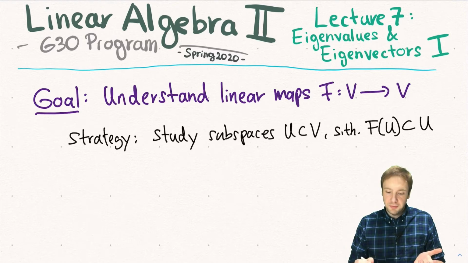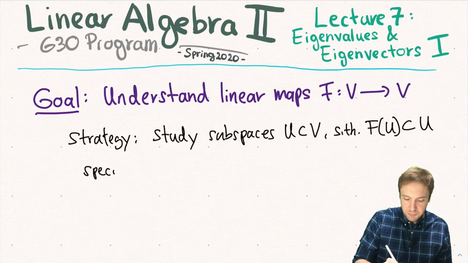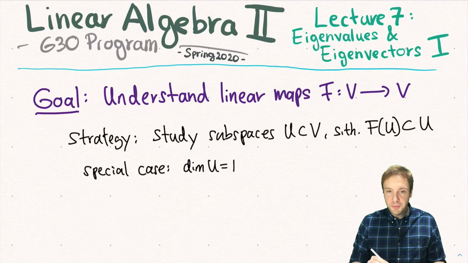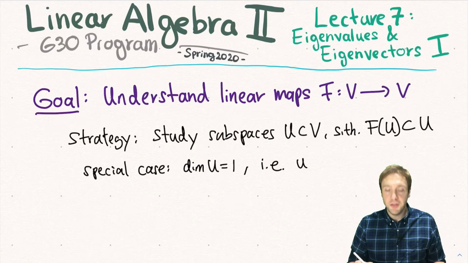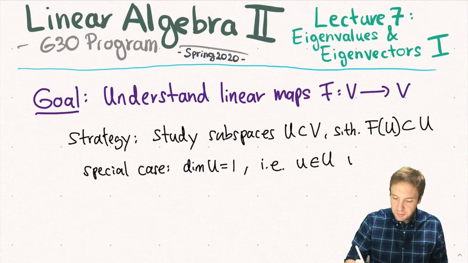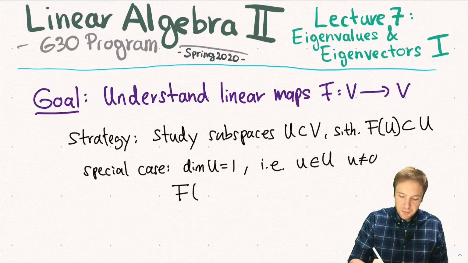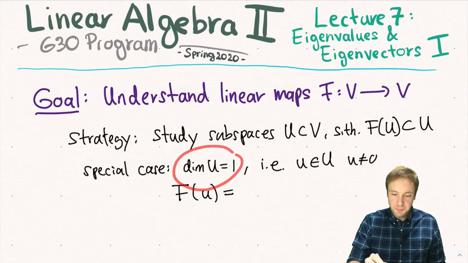And one special case is when this U is a one-dimensional subspace, and this is really an important case. When U is one-dimensional, it is spanned maybe by some vector u. Let's say u is not 0. Then being invariant under this linear map means that if I apply f to this small u, then this is again a multiple of u, because it stays in the same subspace, which is one-dimensional.